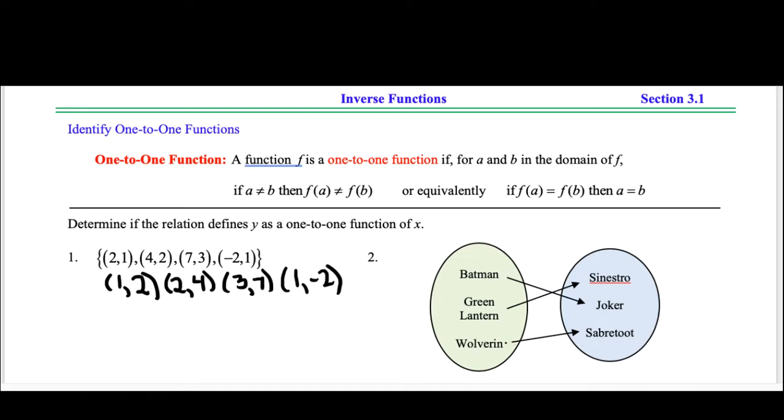And so what you see is that there are 3 unique values in the domain and each value in the domain maps to one specific unique value in the range, right? So all the x values are unique and all the y values are unique. So yes, this does represent a one-to-one function.